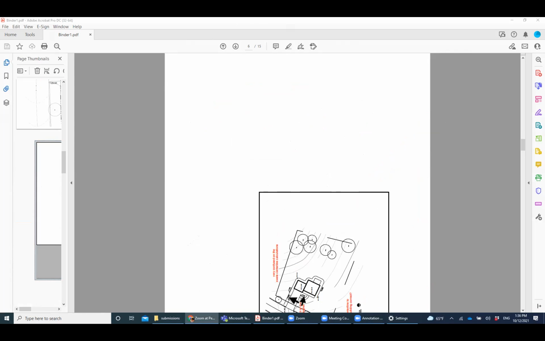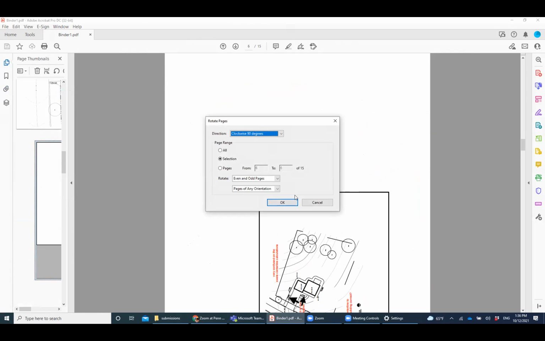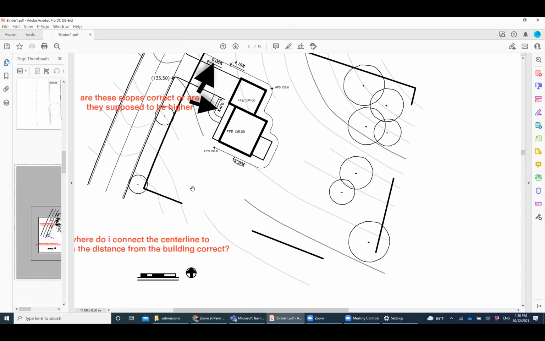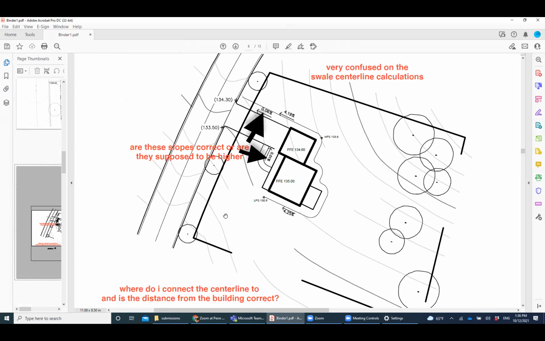Let me try to rotate the page first. The slopes of the driveway and the walkway don't seem to be correct.